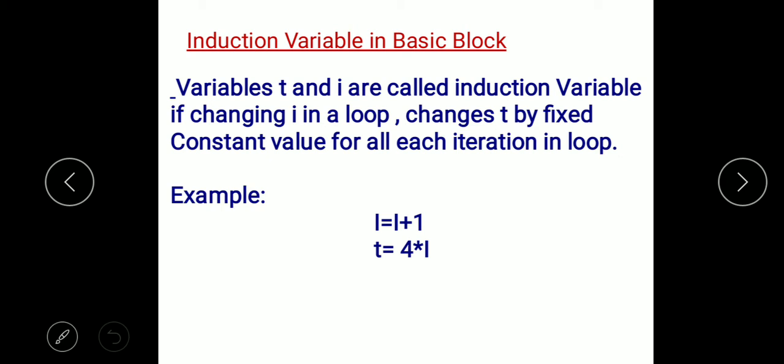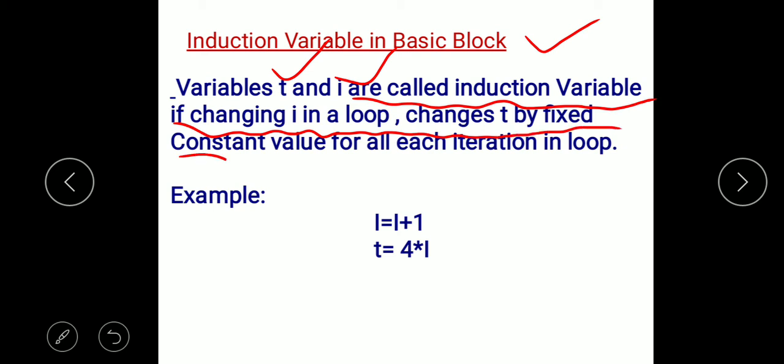By definition, two variables I and t are called induction variables if changing I in a loop changes t by a fixed constant value for all iterations in a loop.